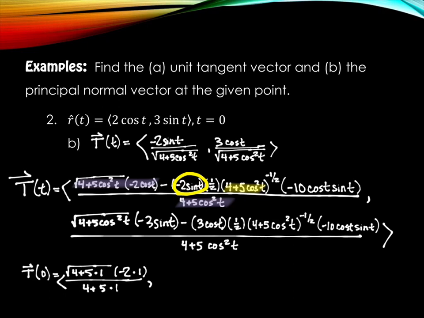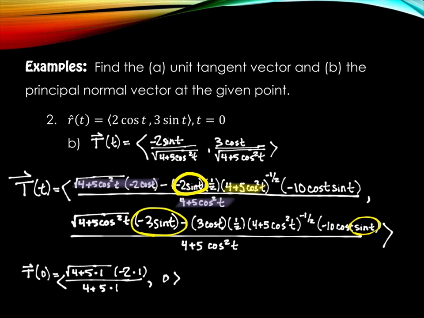Second component, similarly, where do you see things going away? Everywhere. It's even better, actually. We see it go away right here, so that eliminates the first half of the numerator. And then over here, I need that sine of 0 going away, so that everything in the second piece is just 0.